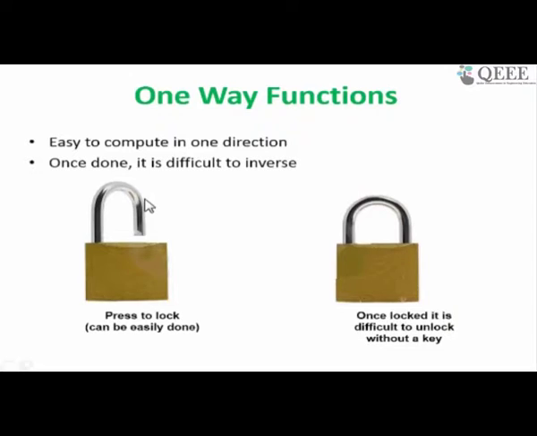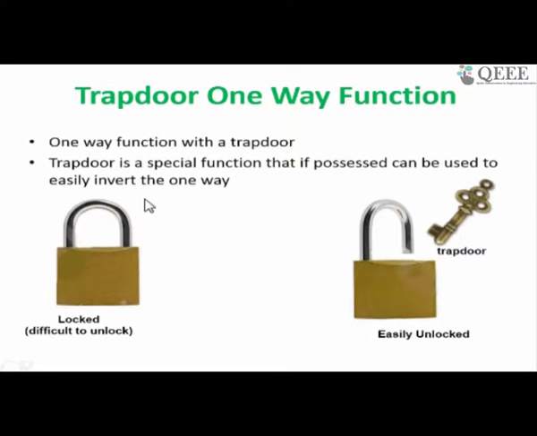Okay, so what public key algorithms actually use is a variant of these one-way functions known as trapdoor one-way functions. Here, just to give you a simple example with the same lock we have seen previously, in addition to the lock, we have the key for the lock, which is known as the trapdoor.